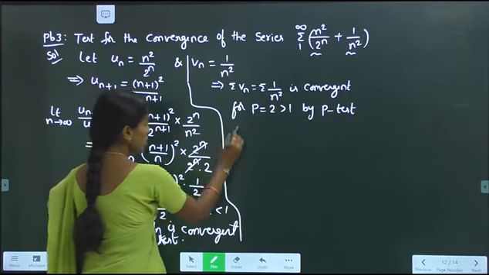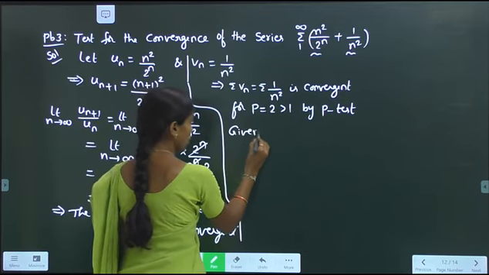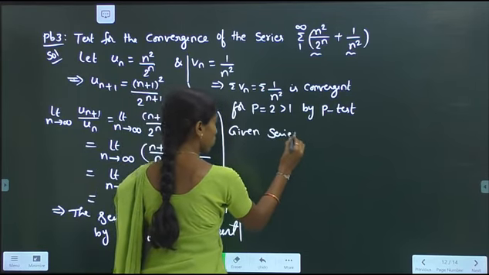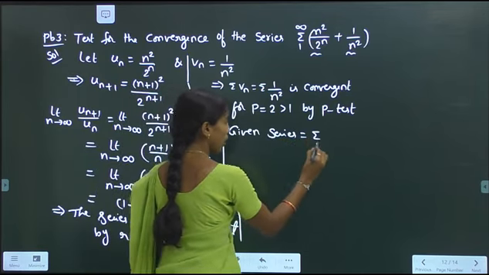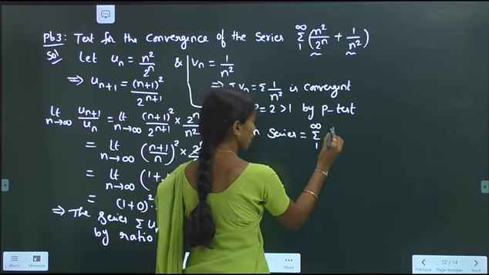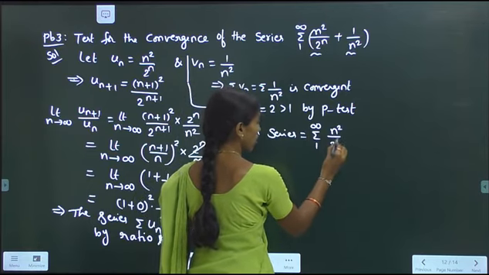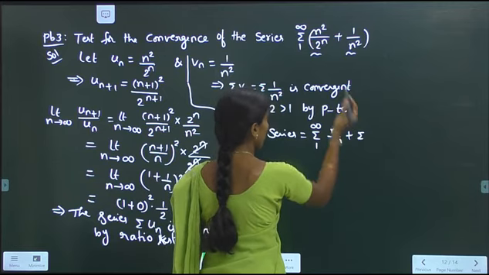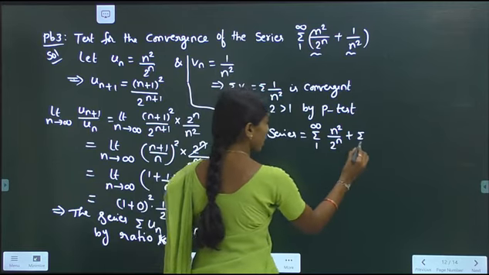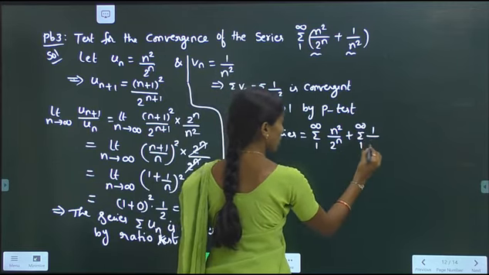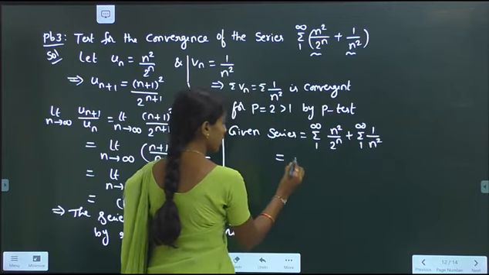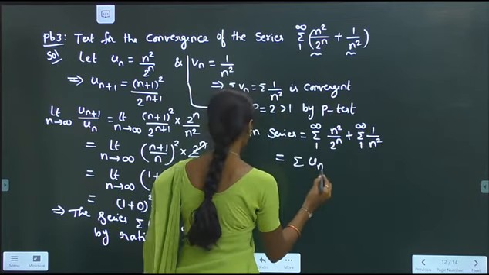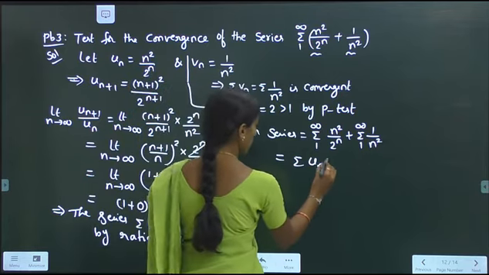So what is the given series? Given series is sigma n equal to 1 to infinity n square by 2 power n. Same thing, by taking sigma inside, it becomes 1 by n square. It is nothing but first one is un, n square by 2 power n.